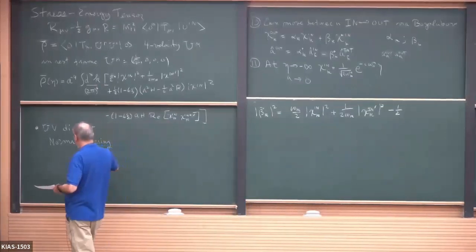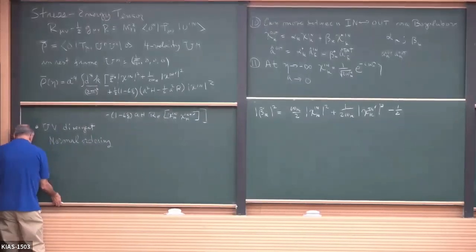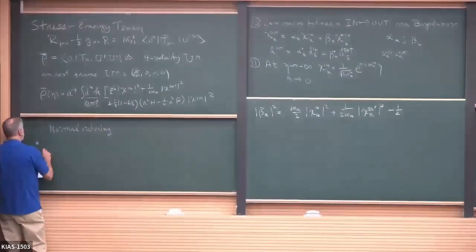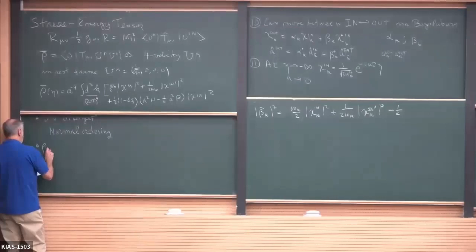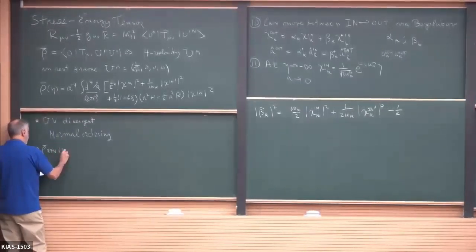Anyway, when you do the normal ordering, there's some renormalized energy density.